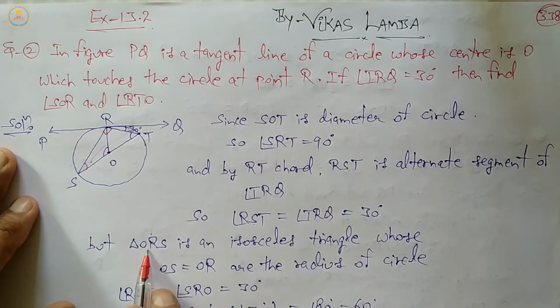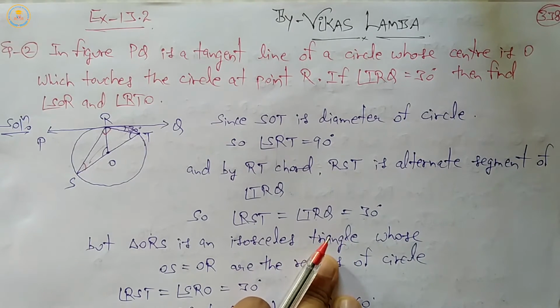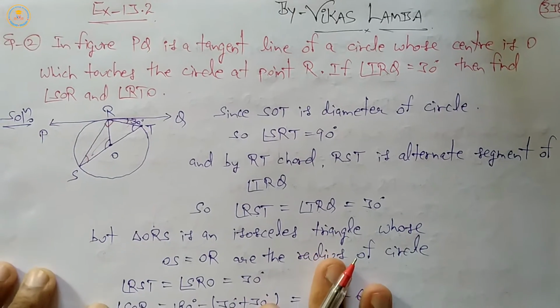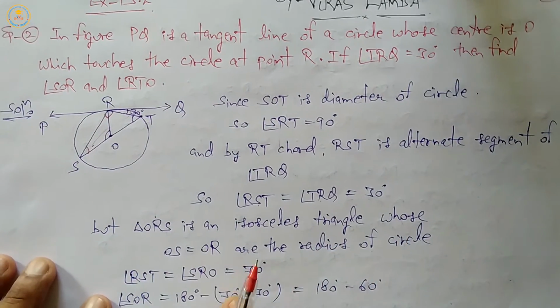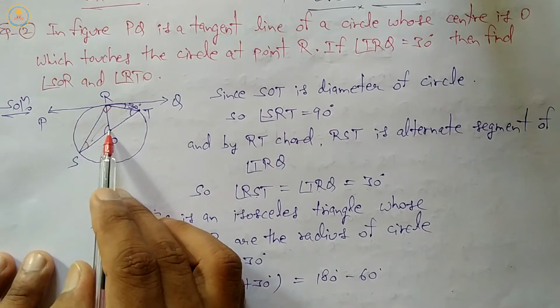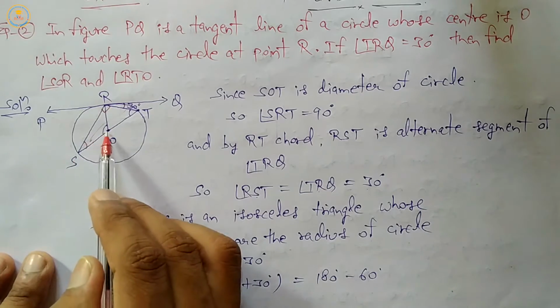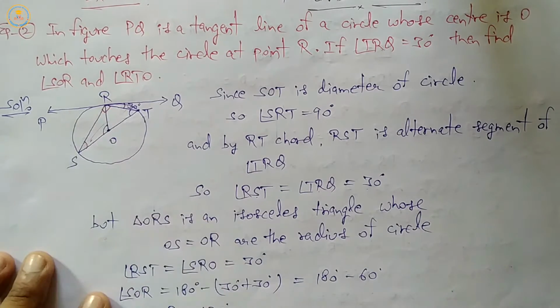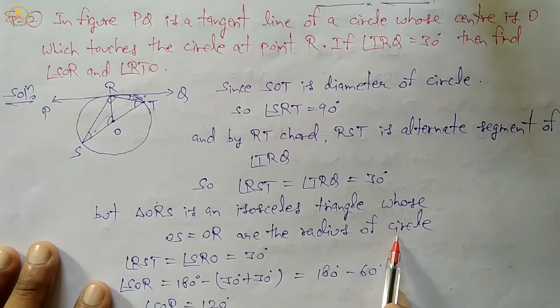But triangle ORS is an isosceles triangle, where OS equals OR. OS is a radius, and OR is also a radius. Therefore, OS equals OR, both being radii of the circle.